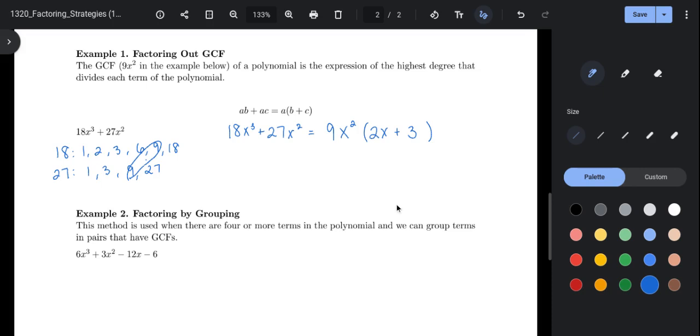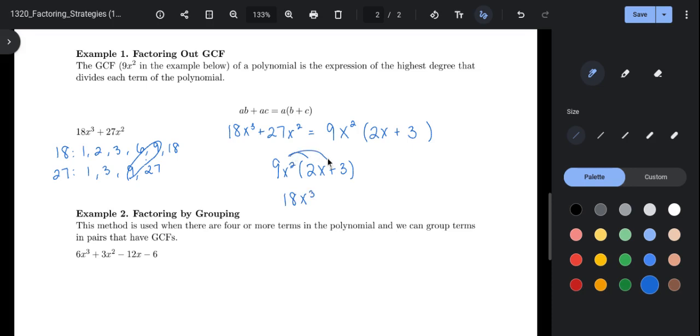So again, if you are unsure as to if you factored this correctly, let's multiply this back out and see if we get the original. So 9x squared times the quantity 2x plus 3. If I multiply 9x squared times 2x, we get 18x cubed.